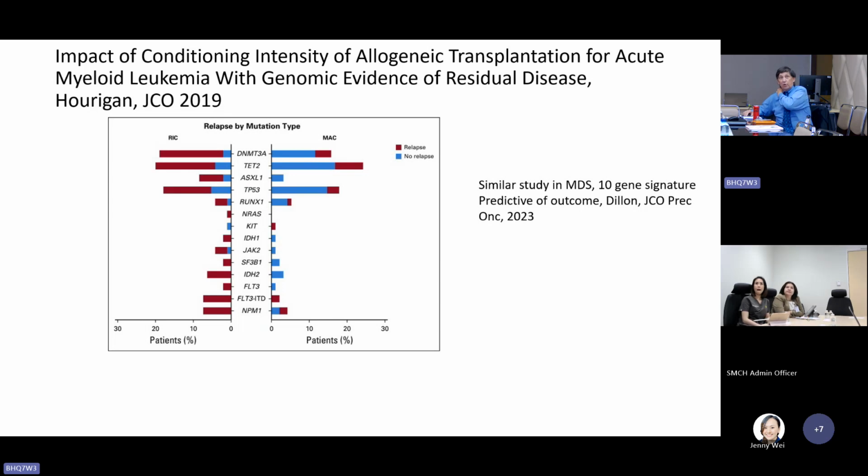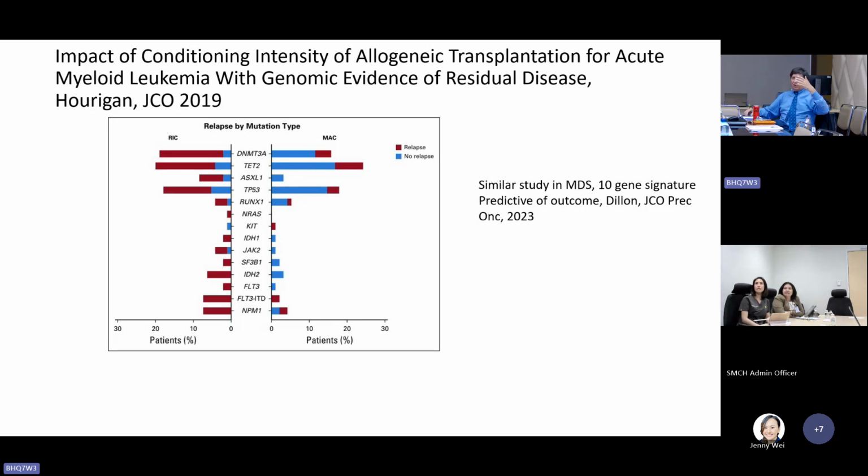On the right is myeloablative, on the left is reduced intensity. If you had a DNMT mutation and you got a myeloablative transplant, it doesn't really matter.